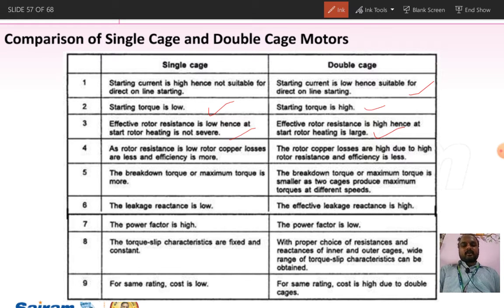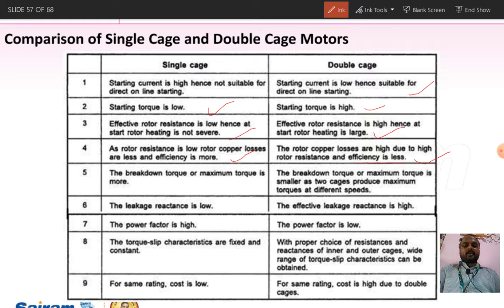In single case, rotor resistance is low, rotor copper losses are less, efficiency is more. Rotor resistance is high and it produces high rotor copper losses, and efficiency is less.